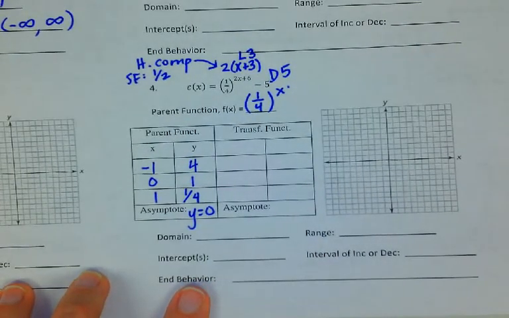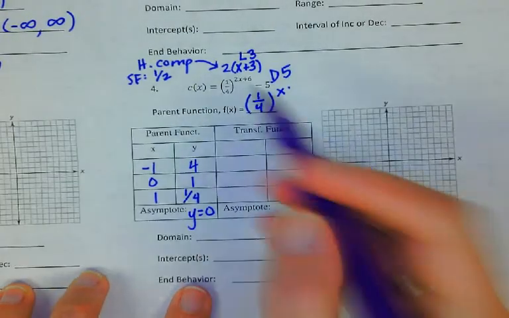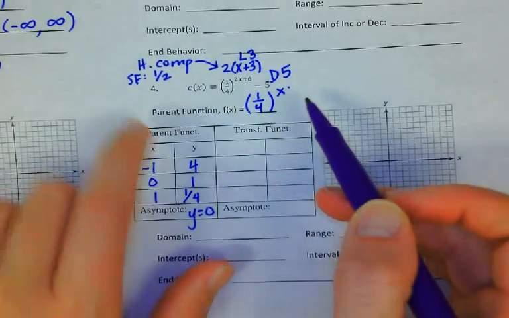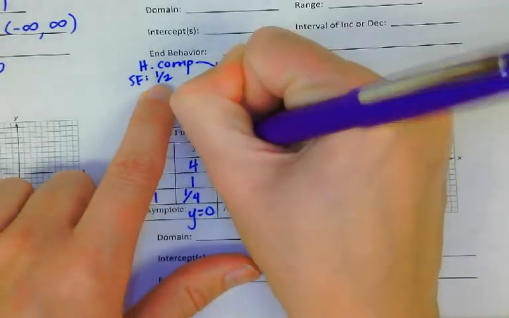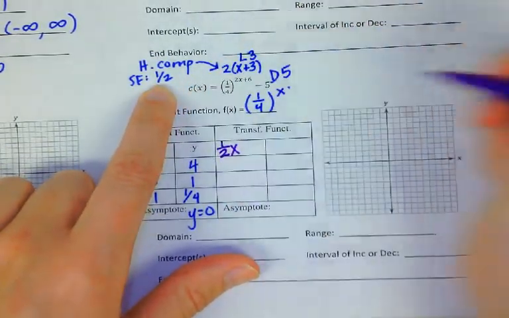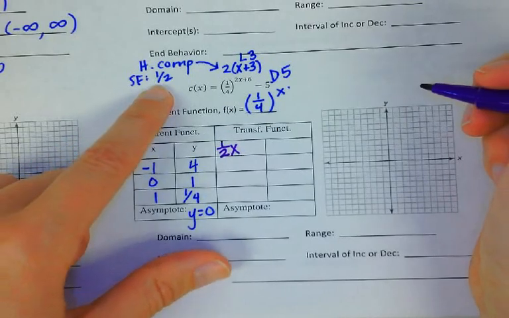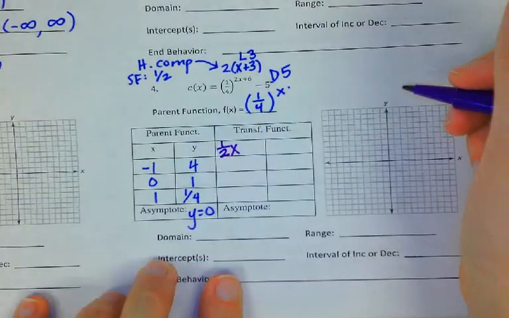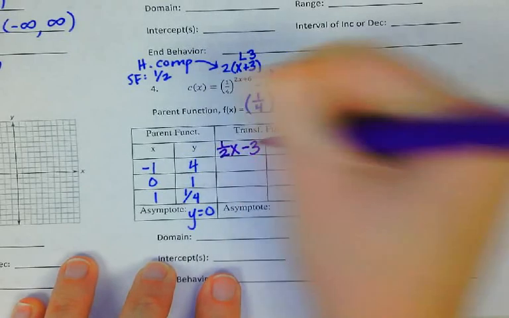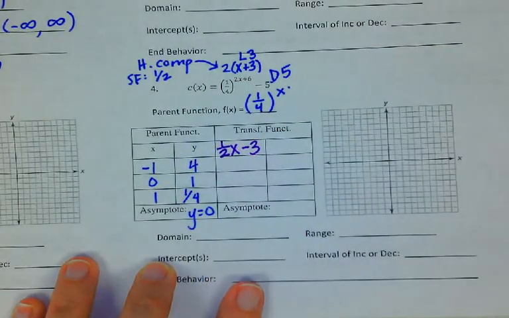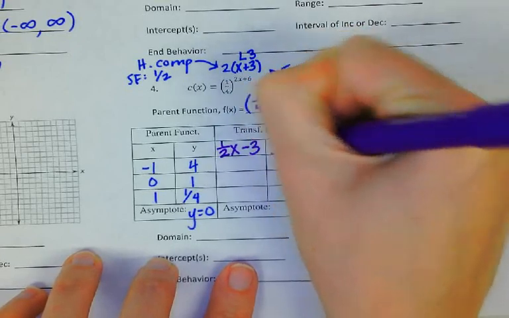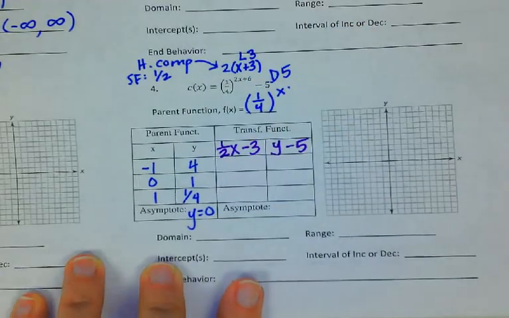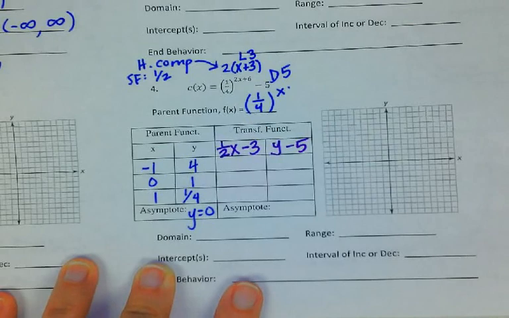Okay, so let's go ahead and talk about how do these changes affect my x's and y's. If we want to compress the x's, multiply them by a half, and then if I need to shift them left 3, subtract 3. If I need to just move my y's down 5, then y minus 5. Okay, so maybe the numbers won't be too bad.